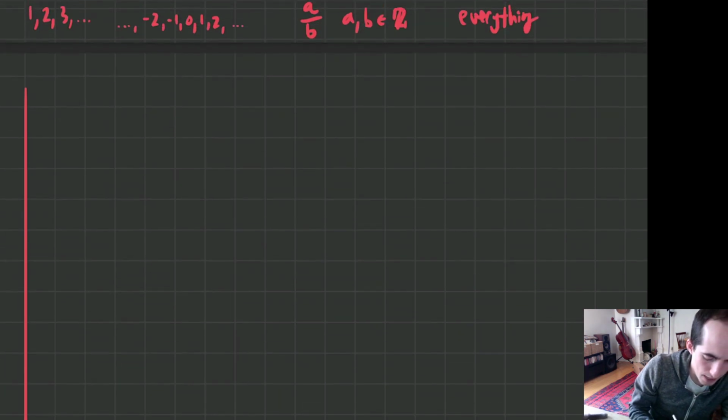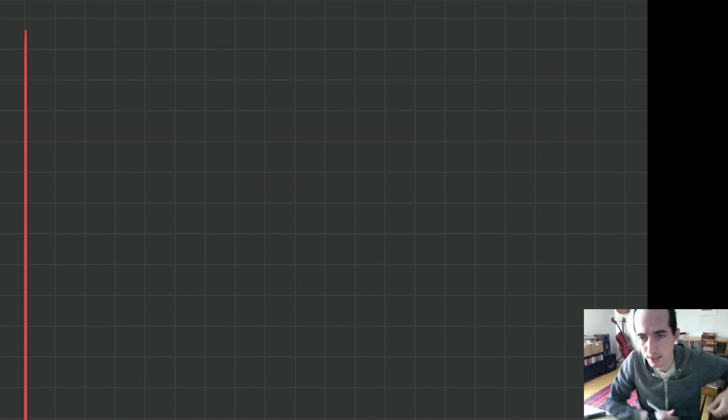Okay, so let's simplify. Oh, and by the way, you know how in a test it's sort of assumed that any fraction is going to be reduced?